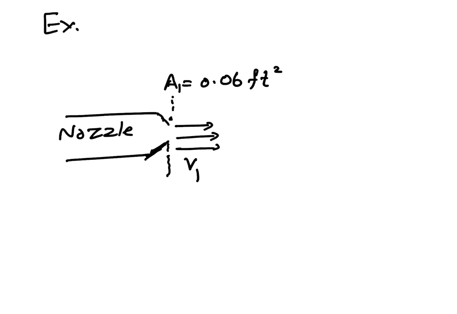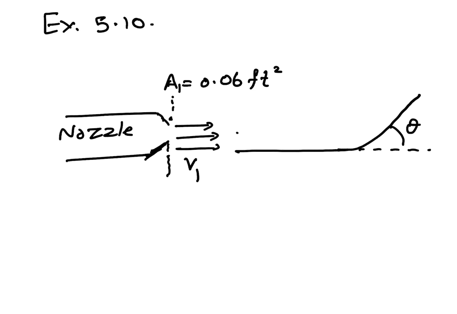This is example 5.10 from the book. Okay, and then I have a vane that is curved, and the angle is theta, and I have here the vane, the water flowing along the vane and changing its direction in order to leave the vane at an angle theta with respect to the horizontal.